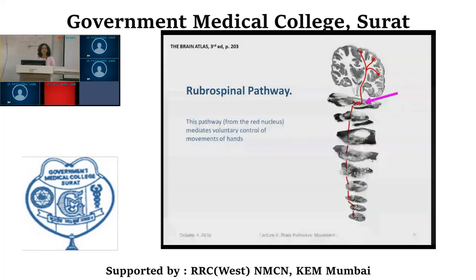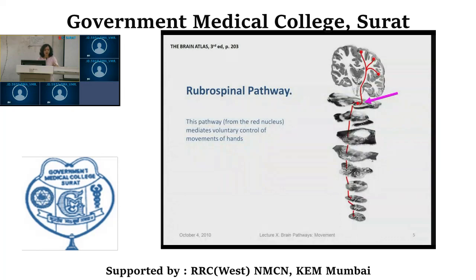So the descending pathways are the corticospinal pathway and the corticobulbar pathways. The corticobulbar pathways are connected to the cranial nerve nuclei, whereas the corticospinal pathways connect the cortex with the spinal cord.